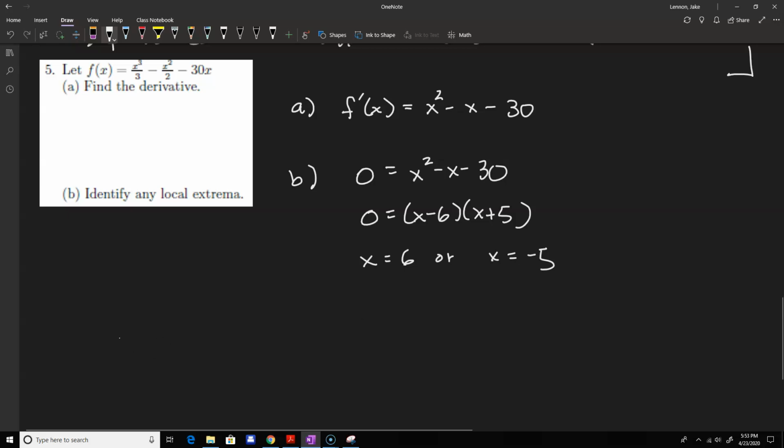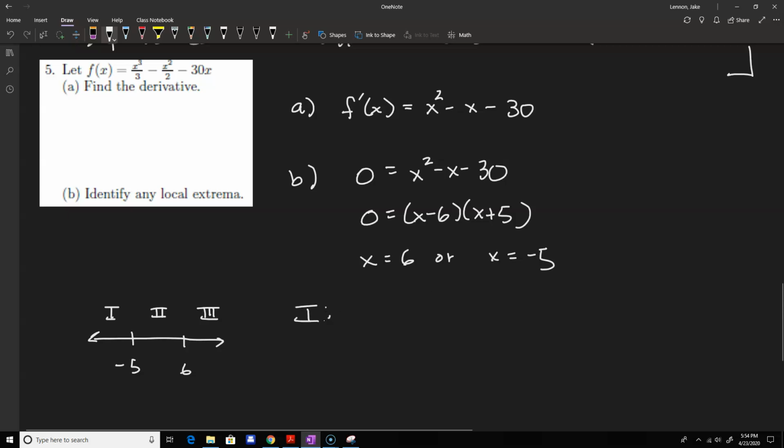So we want to create a test value region setup. We want to put -5 as one of our values, 6 as the other value. This splits the domain of our function into 3 parts, and we want to test the value of each region in the derivative, x squared minus x minus 30.